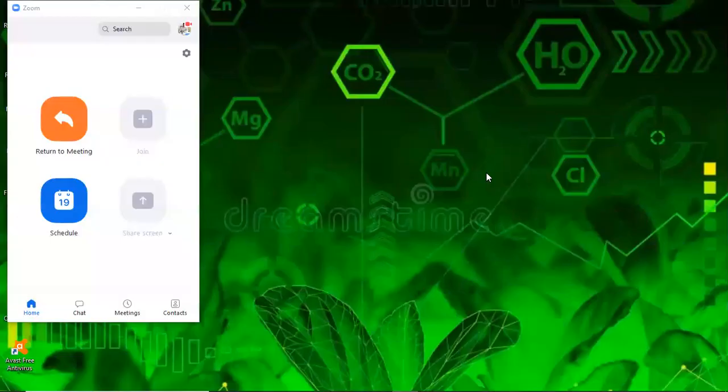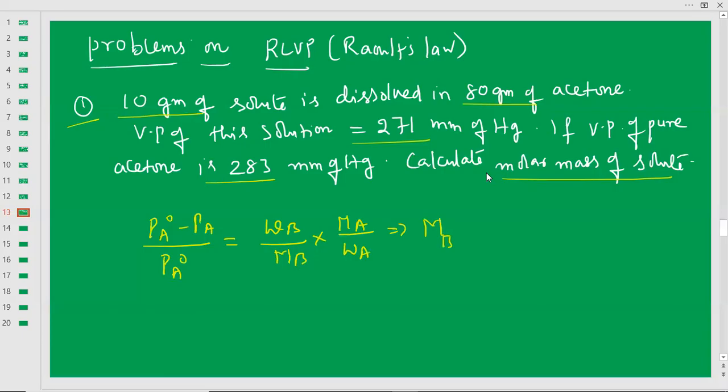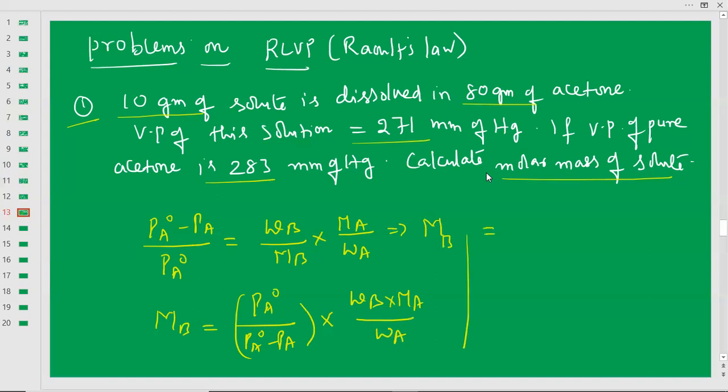What is MB? We will write MB here. MB is equal to PA naught by PA naught minus PA into WB into MA by WA. Now substitute the PA naught value: they are given the vapor pressure of pure acetone, 283, by 283 minus 271.